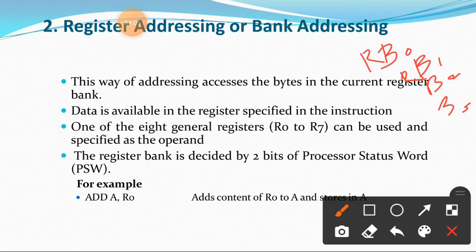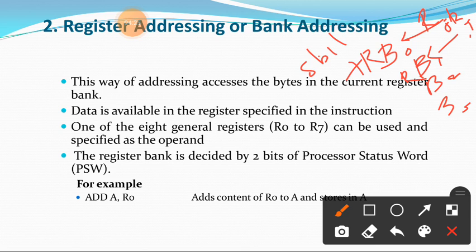There are 4 banks, and each bank contains the 8-bit general purpose registers R0 to R7.